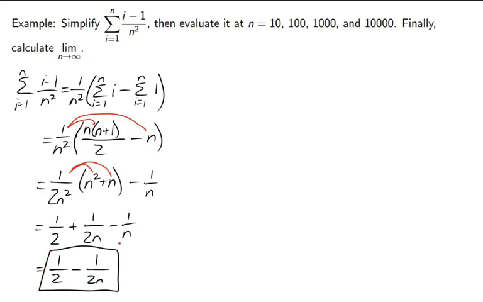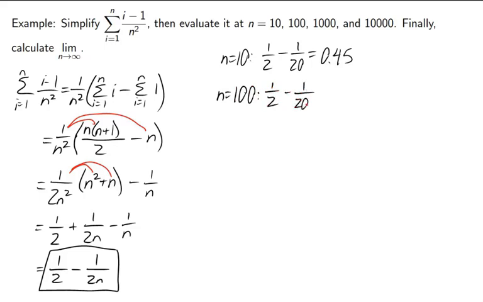Let's evaluate this at a few values. So if I plug in 10, I get 1/2 minus 1 over 20. I get 0.45. At n equals 100, I have 1/2 minus 1 over 200, and I get 0.495.